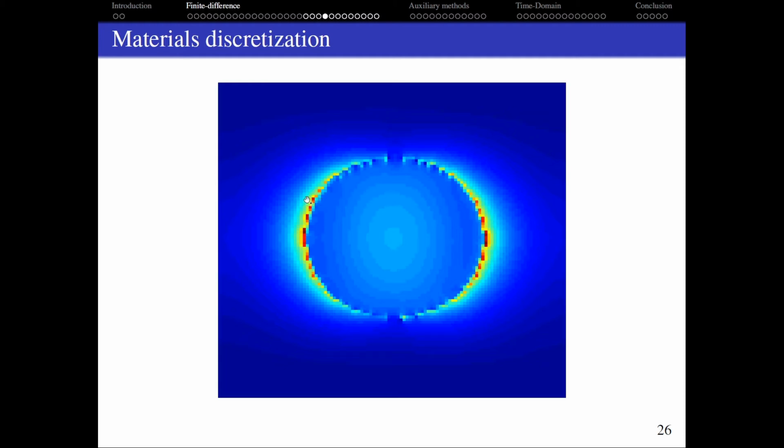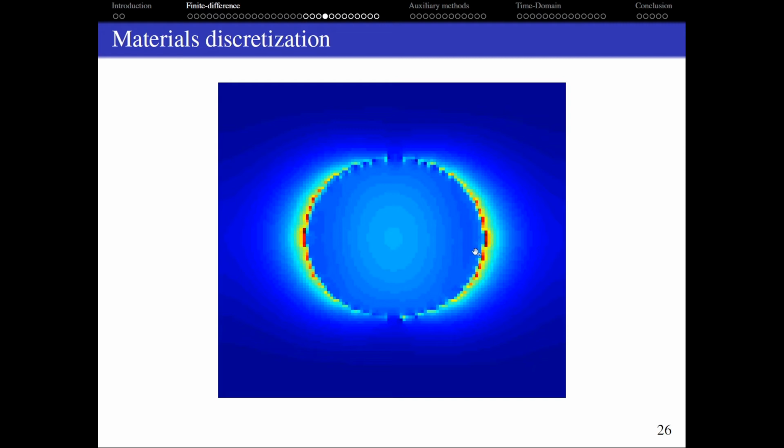Actually, those hotspots are not real, so to speak. They are really created by this staircase mesh, which has some very pointy tips everywhere. And in electromagnetics, when you have something that is very pointy, you know that the field around this point is very, very intense. So this is basically what we see here.